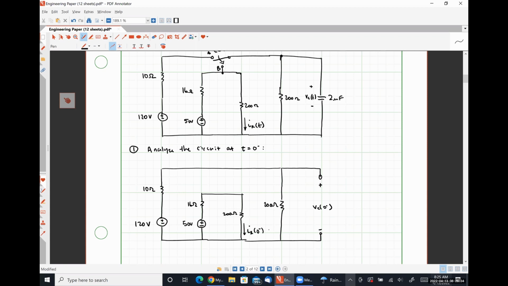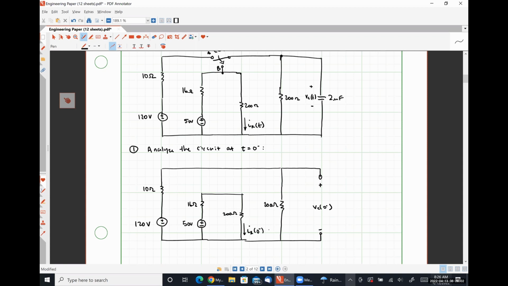Mesh is valid, but it's too much work. You're putting too much effort in if you're using mesh analysis here. We're going to use, in my opinion, an application of KVL more so than KVL directly.